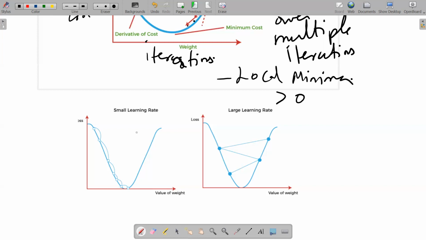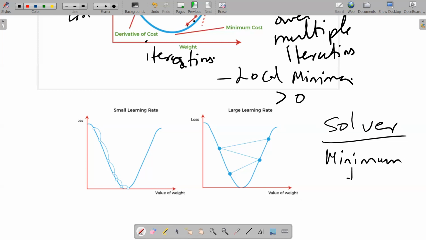This is the reason why we always go with a smaller learning rate. You remember Solver in Excel? How it does minimization, right? We used it in logistic regression, minimizing the error, minimizing the log loss, by adjusting the coefficients. It tries different iterations and finally it gives a solution. A lot of iterations will be done. In the bottom left side, you'll see it keeps on running the iterations.